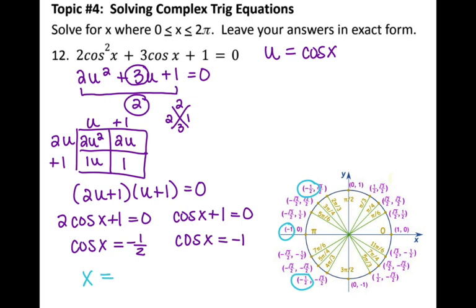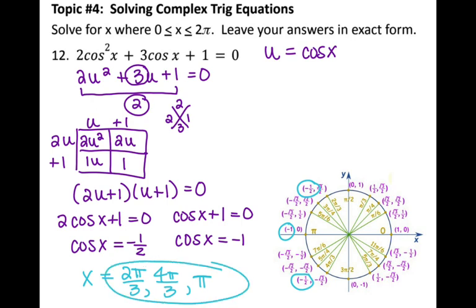So for this one, my two angle measurements are 2 pi over 3, 4 pi over 3, and then for my negative 1, it was pi. So I have 3 solutions right here. And voila! The key with this one is factoring. Once you set up your factoring, set your factors equal to 0, and then you're solving for the angle measurements just like you did for topic 1 at the front side of your review.